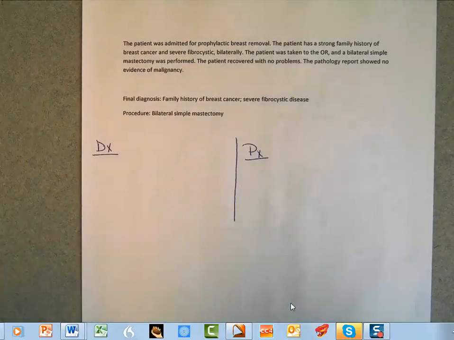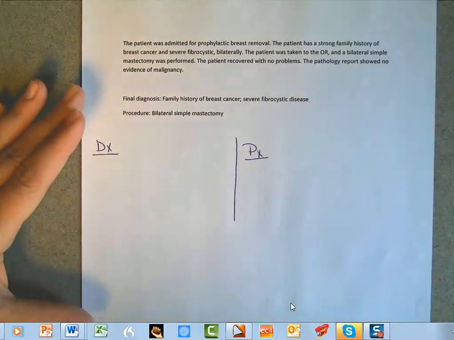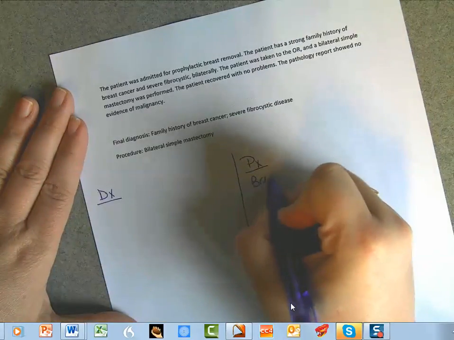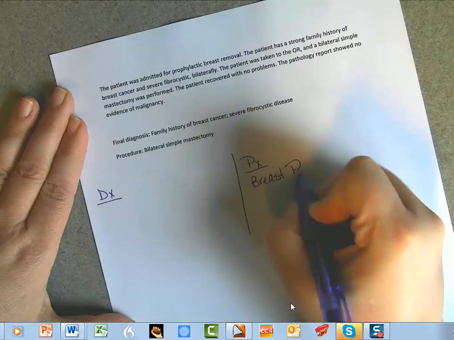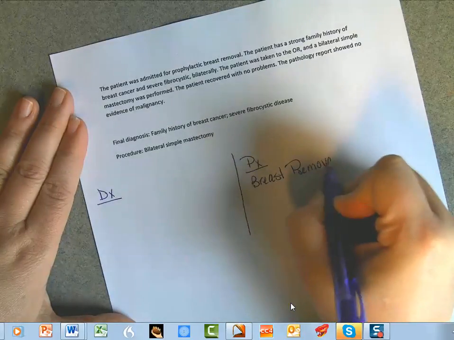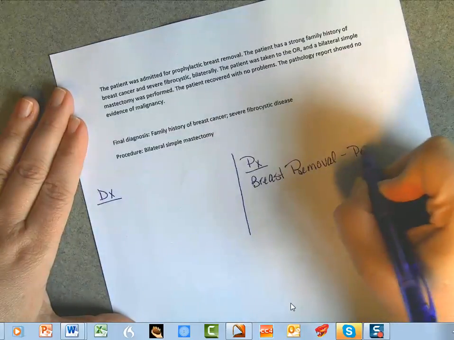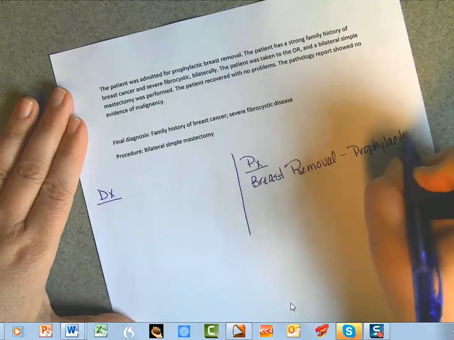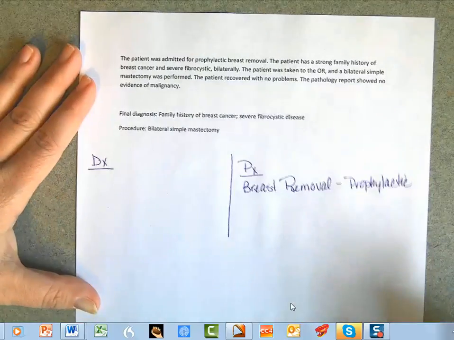And you'll understand that when we get into this a little more. But we're going to write it down under our procedures. So we're going to write breast removal, prophylactic. Okay? So that's taking care of sentence 1.